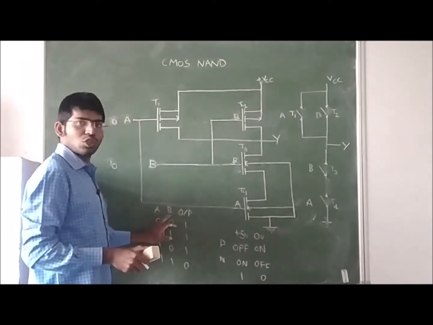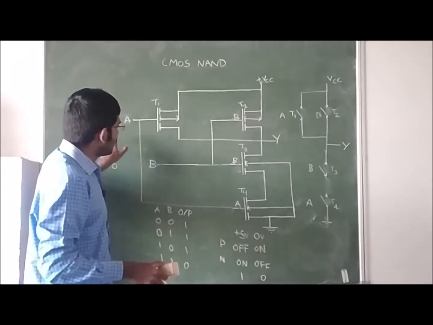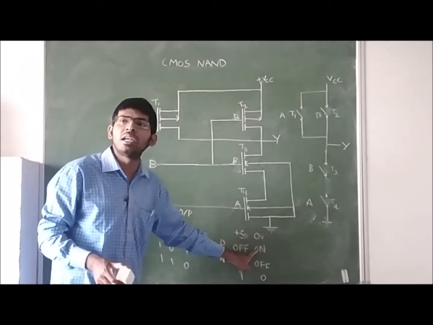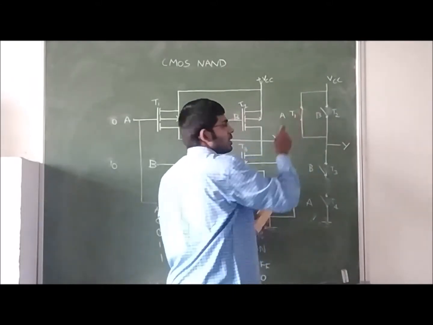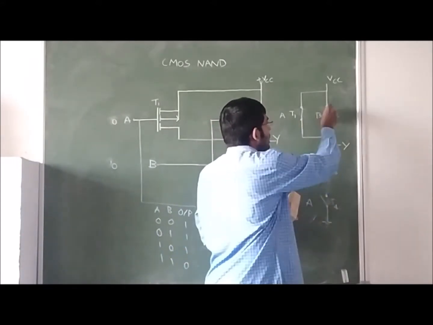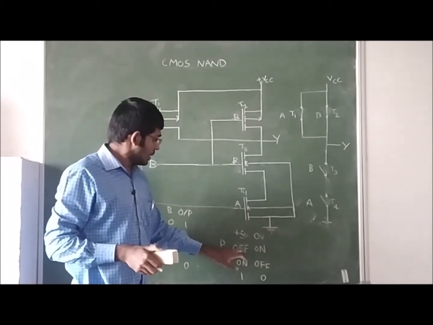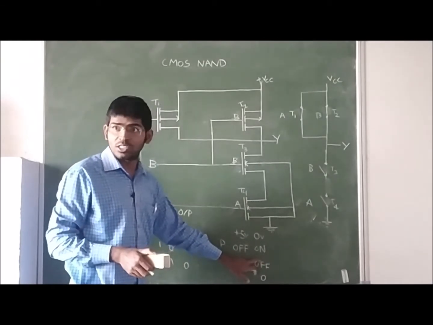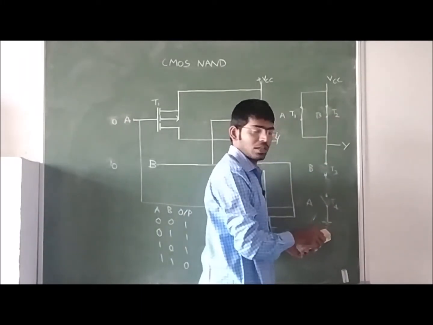First, initially 0, 0. Input A is 0 and input B is 0. If we give 0 volts to the PMOS, it will be in on condition. Because it is in on condition, now it is short circuited. And B is also 0, so this is also in on condition. This is short circuited. Now to the NMOSFETs, we have given 0, which means they are in off condition.